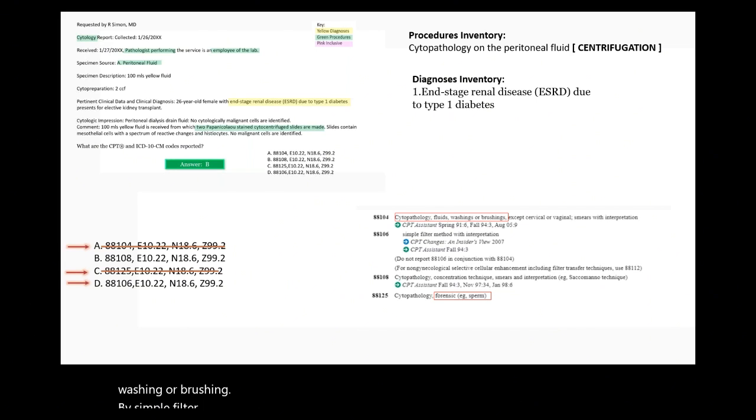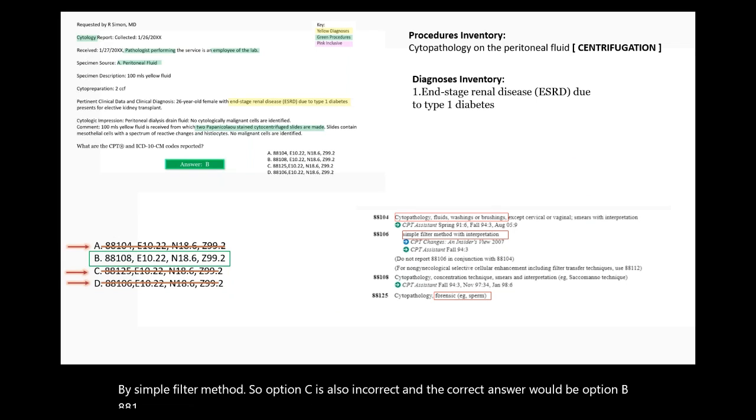So option C is also incorrect, and the correct answer would be option B, 88108, which is for cytopathology, concentration technique, smear, and interpretation. Yes.